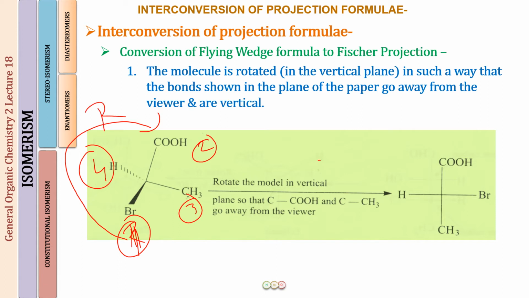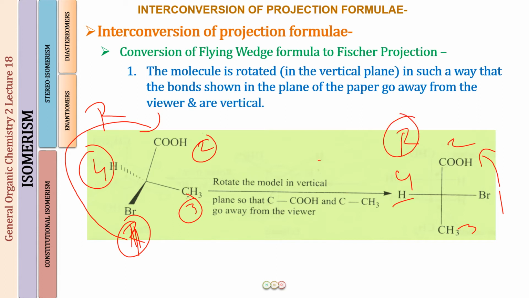And when we check that for the Fischer projection, bromine is 1, COH is 2, CH3 is 3, and hydrogen is 4. So again, make an arrow from 1 to 2. This is now the anti-clockwise direction, but in a Fischer projection, you have to remember, if your fourth priority group is on the horizontal line, just reverse the configuration that you're getting from the arrow. So if the arrow is anti-clockwise, the answer has to be the clockwise direction and the R configuration.